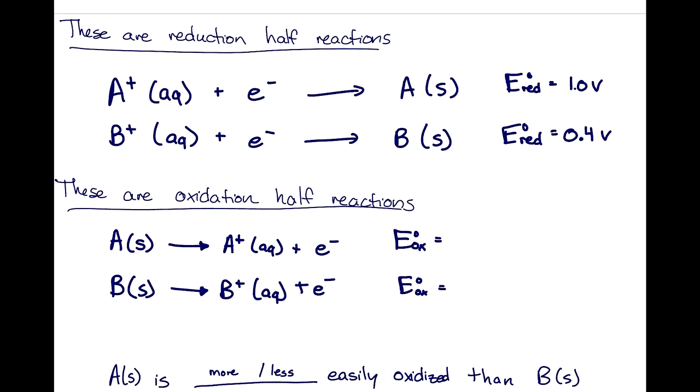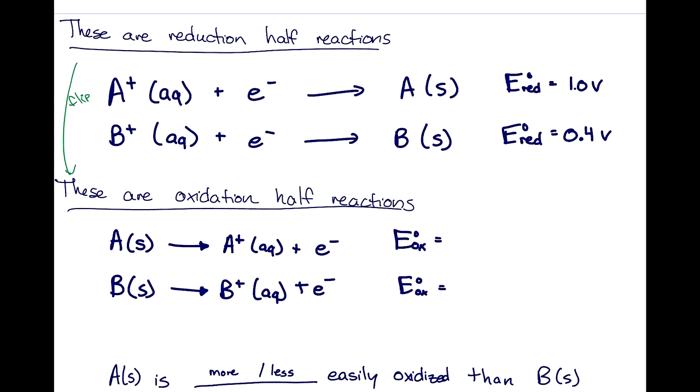You flip a reduction half reaction to make an oxidation half reaction. So you see I've rewritten these reactions now in the oxidation form, but they're simply the reduction reactions flipped, where now the solid is losing an electron. What do you think the potentials are for these oxidation half reactions? Technically, you'll never find this in a textbook, but you have to infer what these values are.